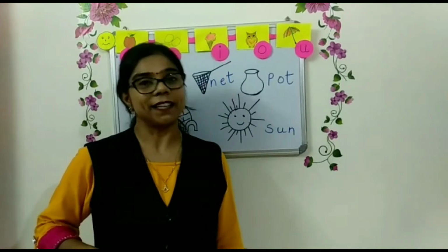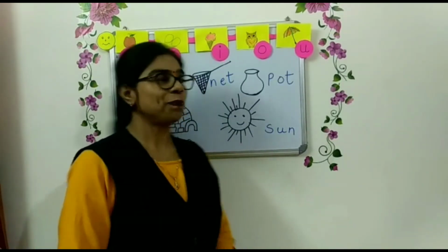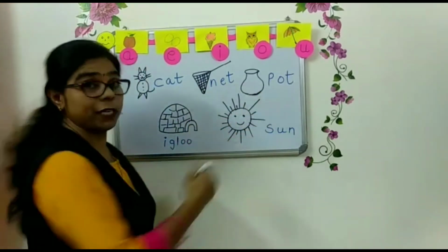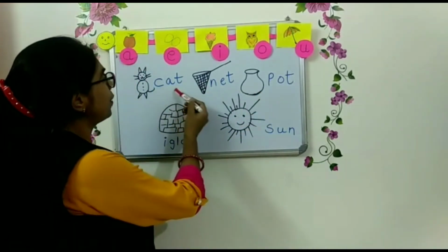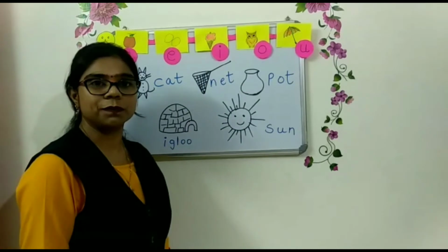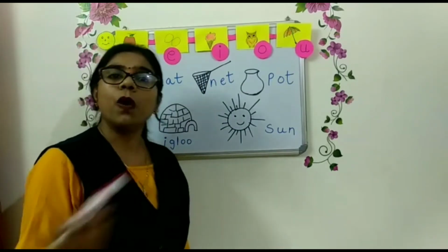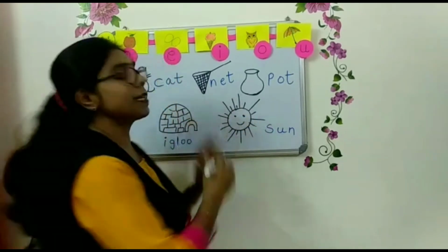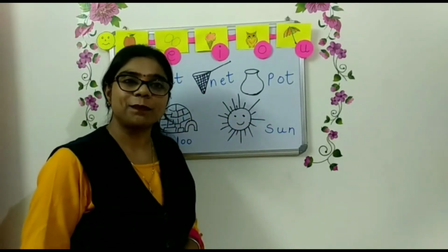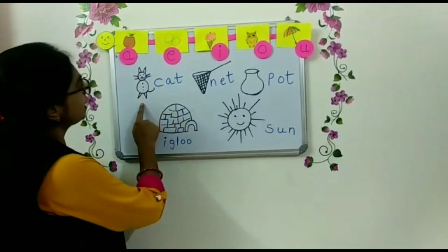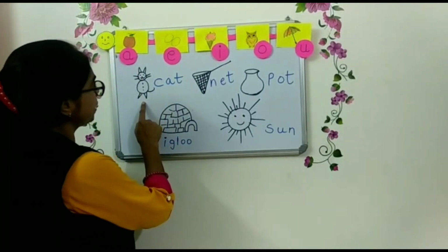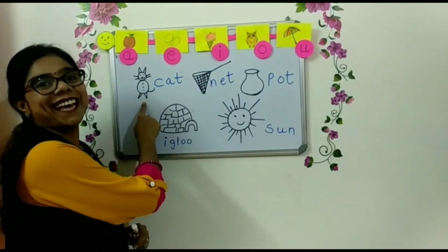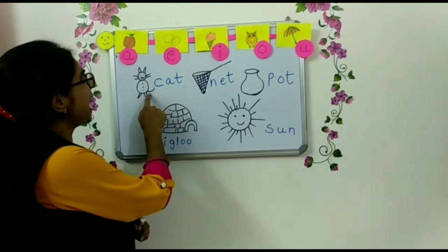So can we do another activity? Here are some pictures and I have written the spellings also. I know all of you are very familiar with these pictures. आप सबको ये pictures अच्छे से पता है, right? Tell me the first one, what is this? Yes, this is a cat.